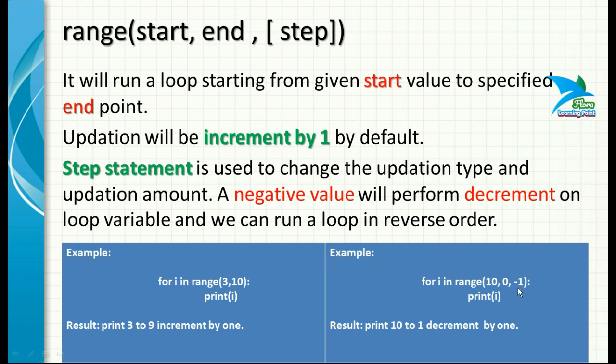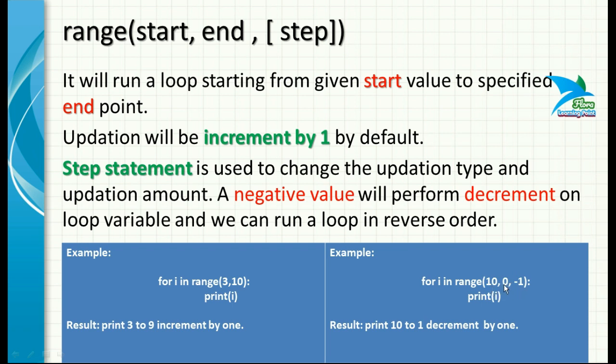If you specify a positive value in the step parameter, then it will perform increment. If you specify a negative value, then it will perform a decrement operation. If you specify 2, then it will increase the value of the variable by 2. If you specify -2 or -1, it will decrease the value of the loop variable according to this value.